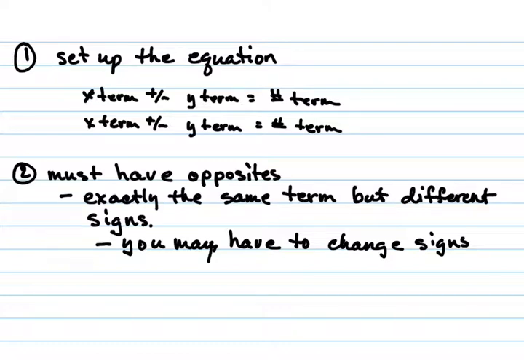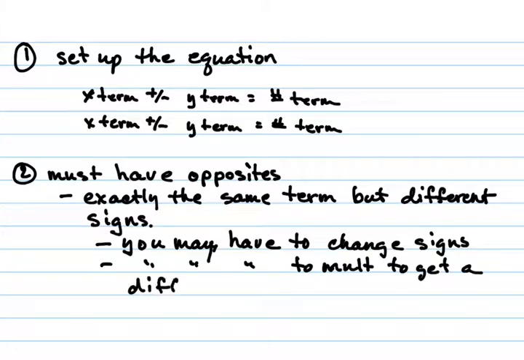But if I change one sign in an equation, then what? I've got to change them all. All right? So if you change one sign, you have to change them all. Perfectly fine. You may have to multiply to get a different coefficient. Remember that coefficient means the number in front of the letter?